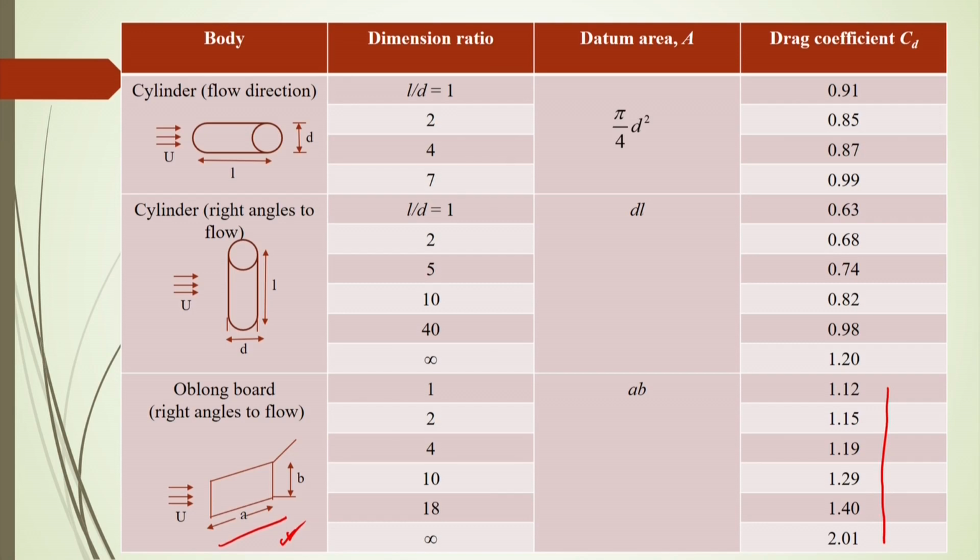So, the main message is that if you change the orientation of the object to the fluid flow, whether it is normal or in the direction of the flow, and change the geometry of that object, of course, you will get a different value of the drag coefficient.